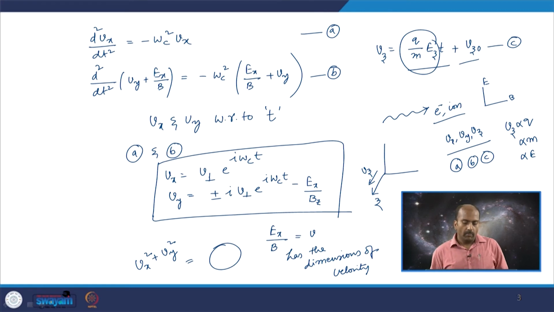You agree, right? But when you look at these two equations, let us rewrite these equations for convenience.